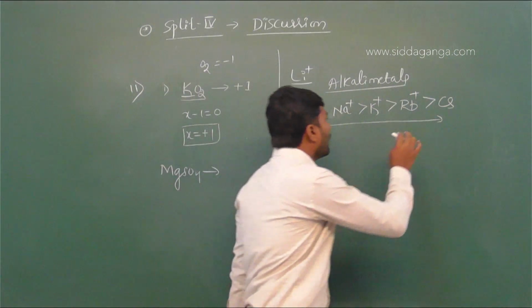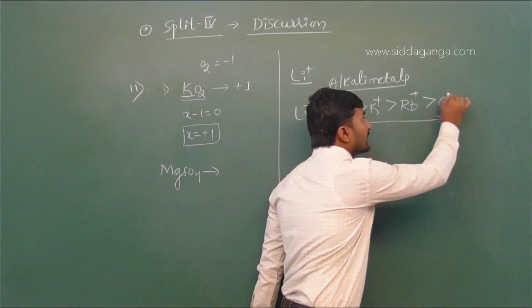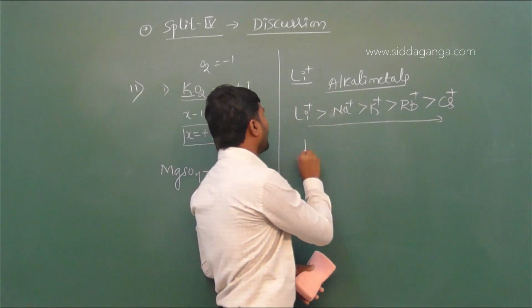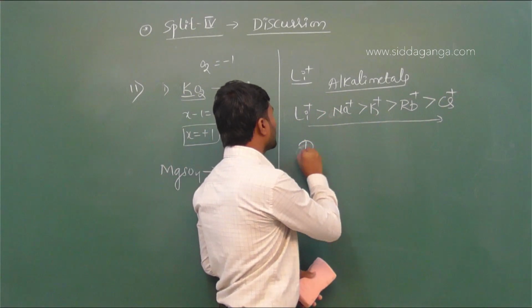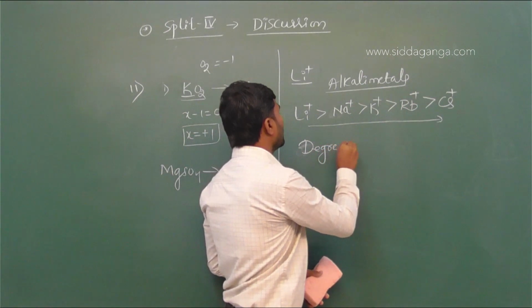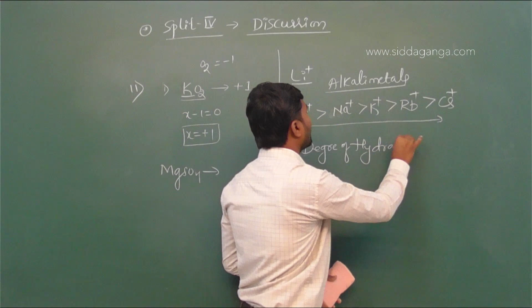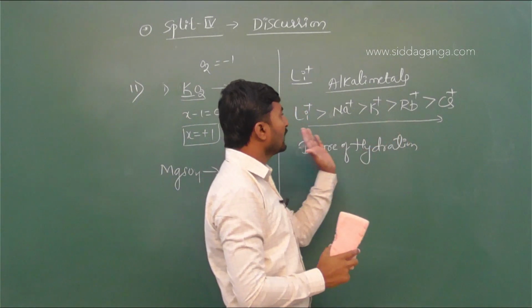When the atomic or ionic size keeps increasing, the hydration tendency, or degree of hydration, decreases.